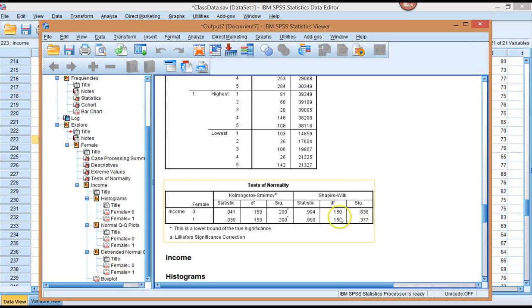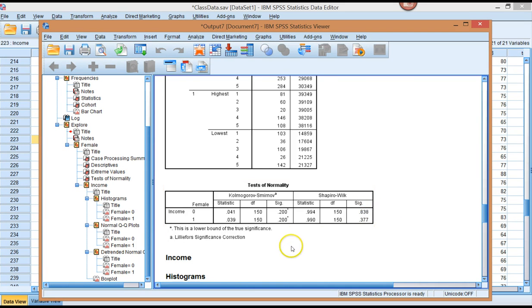You also get these two estimates of normality. Now the KS test and the SW test are both tests of normality. The KS test has been criticized somewhat, but SPSS here now includes, only if you use it through the explore command, because if you use it through the non-para command you won't get this, the Lilliefors correction, which makes it a little bit better, but the Shapiro-Wilks is also something good to look at.